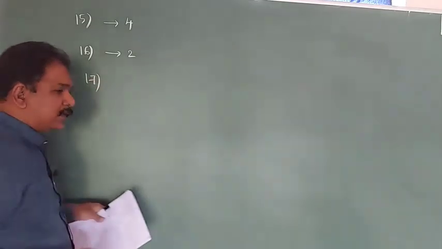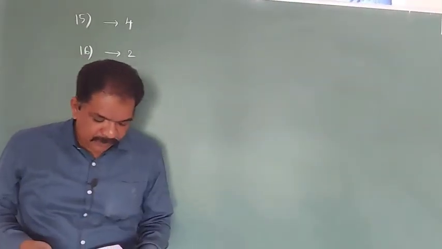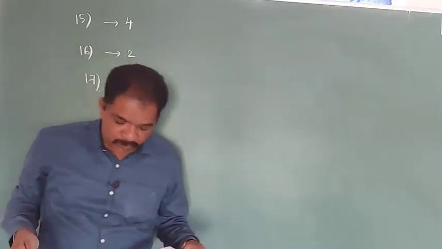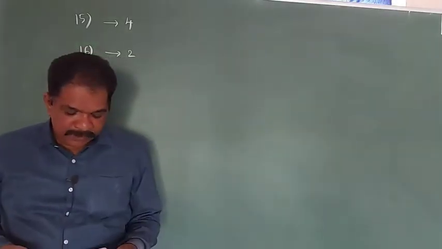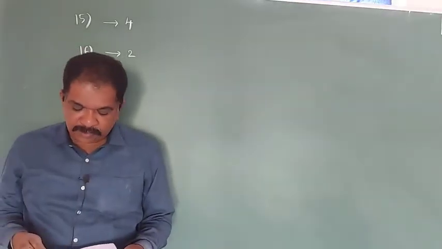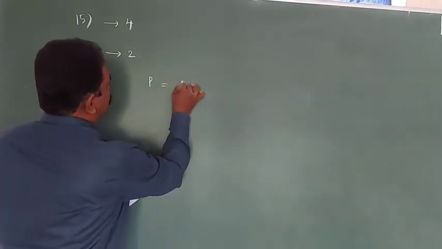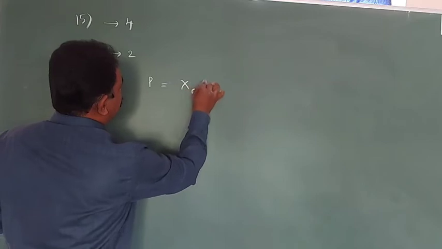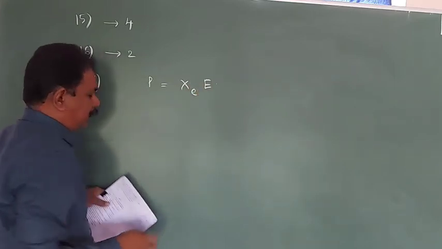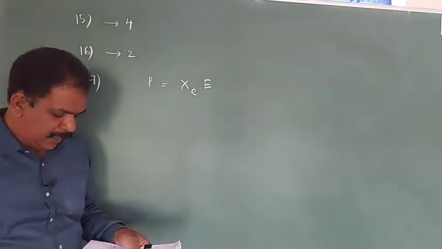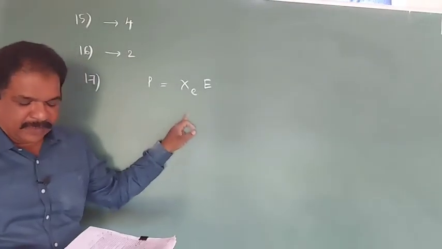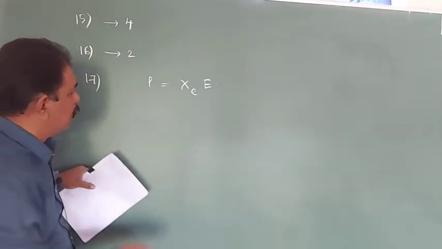Next, question number 17. For a linear isotropic dielectric, the polarization is P equals chi E. This chi is called the electric susceptibility.